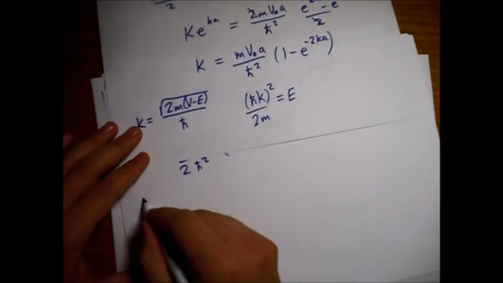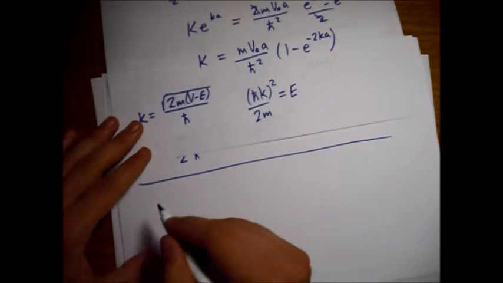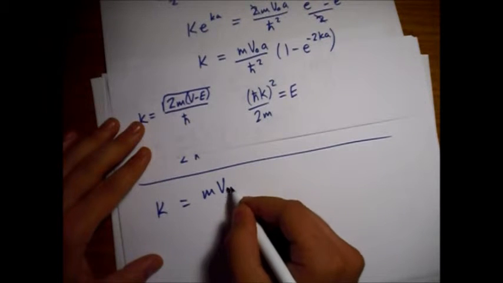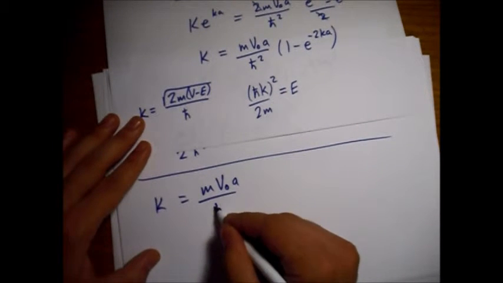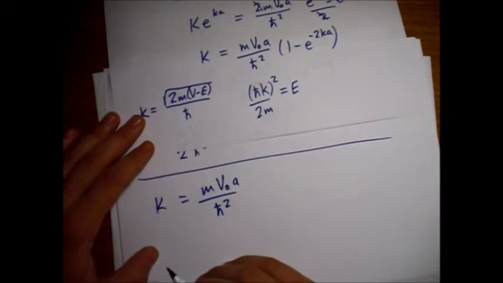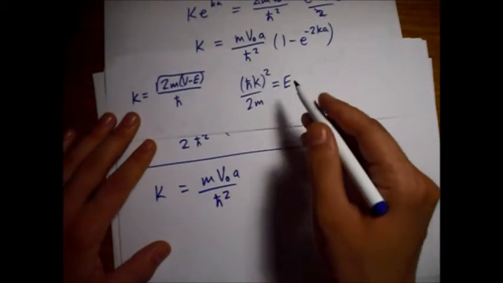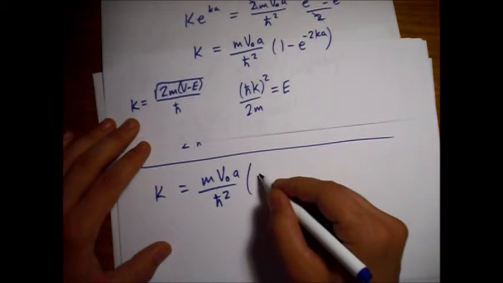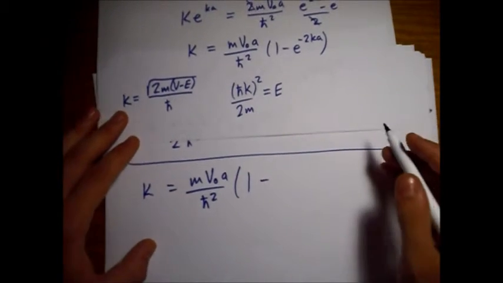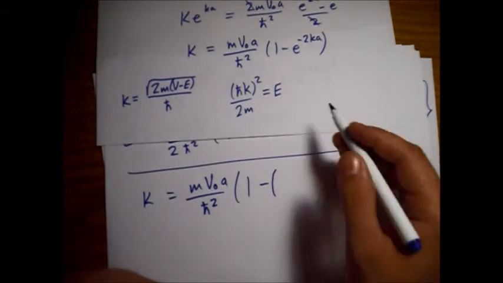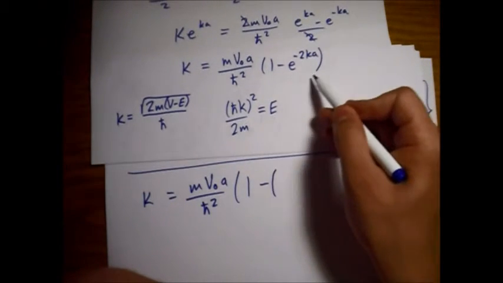So here we go. We'll have k on this side equals m V naught a over h bar squared, and on this side a 1 minus the Taylor expansion of our exponential term right here.